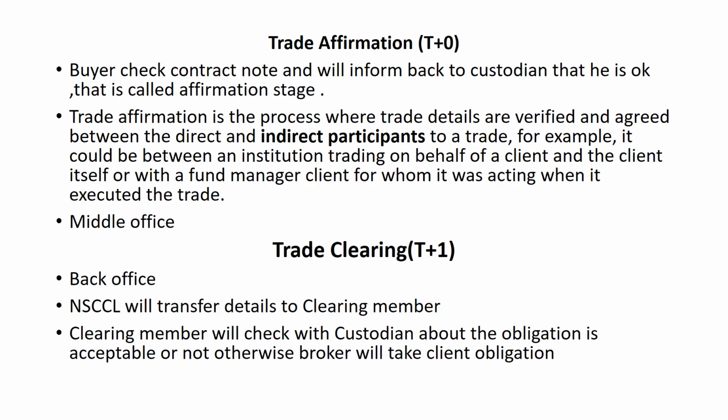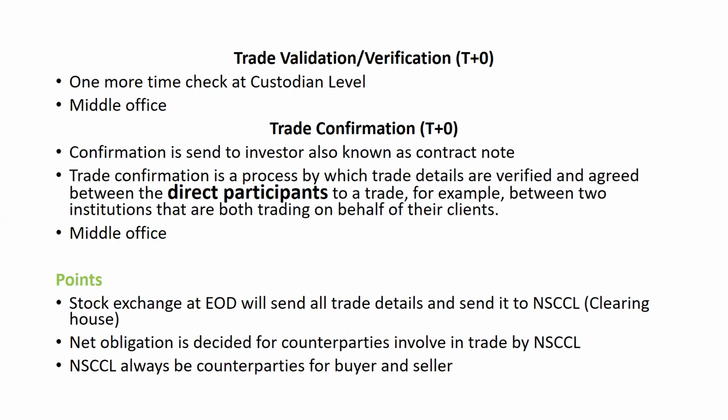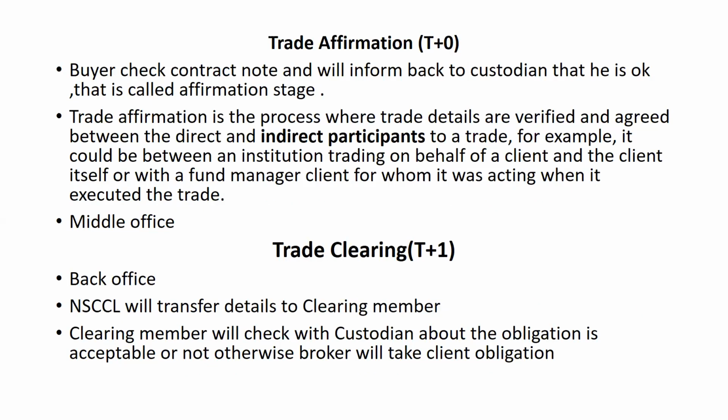It could be between an institution trading on behalf of a client and the client itself, or a fund manager and the client for whom it was acting when it executed the trade. So trade confirmation and affirmation are similar processes, and this comes under the middle office. So three stages come in the middle office: trade validation, confirmation, and affirmation.